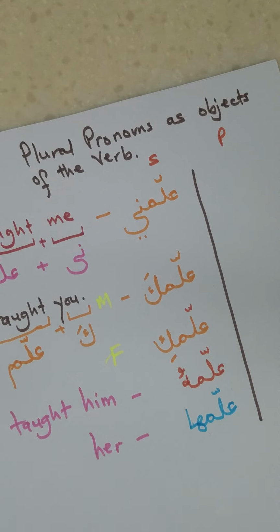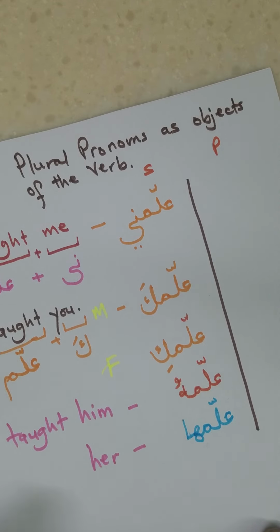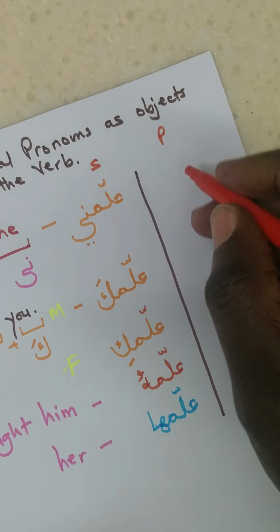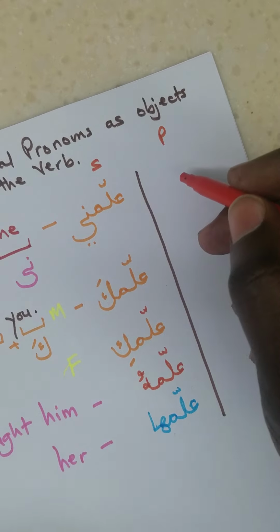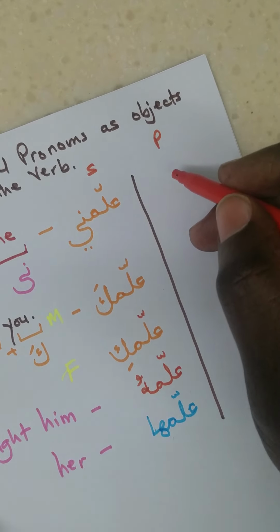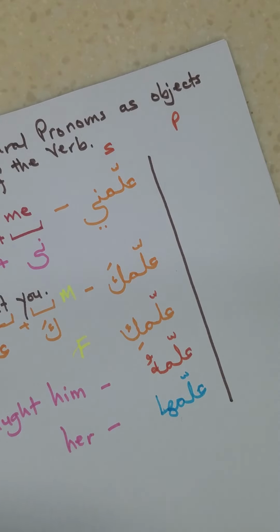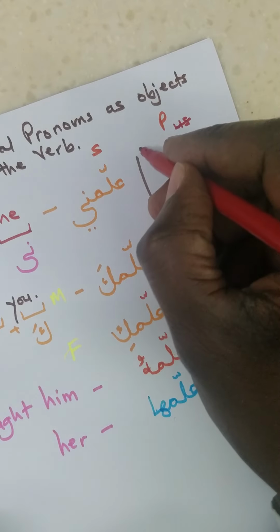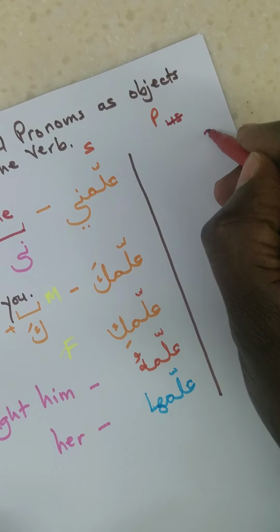So if you want to say he taught us, what are we going to add? You understand? So here we are going to add na. So this one will be allamna. Now this will be us. Plural, allamna.